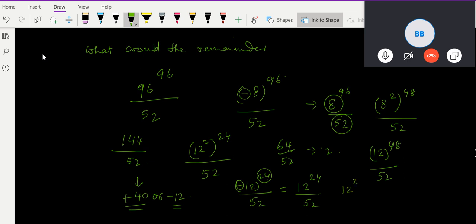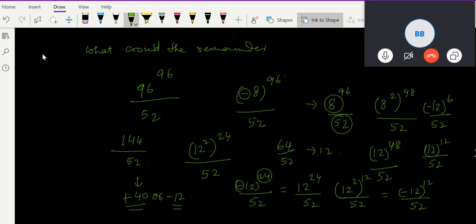So 12 squared, which is 144 by 52, means again minus 12 to the power 12 by 52. This becomes 12 to the power 12 by 52. Again 12 squared, so 12 to the power 6 becomes minus 12 to the power 6 by 52.